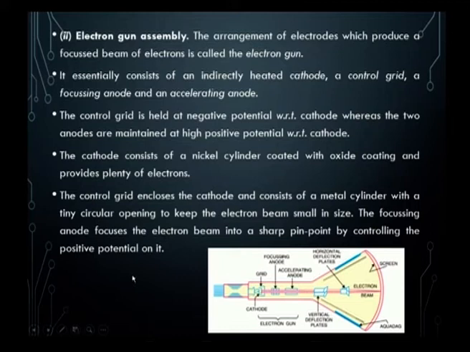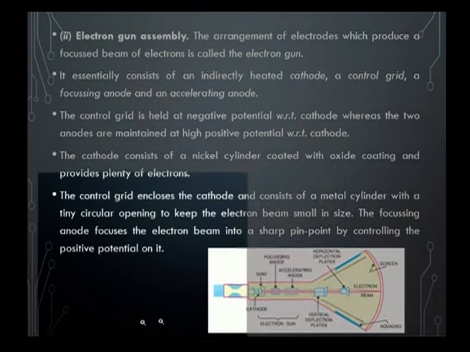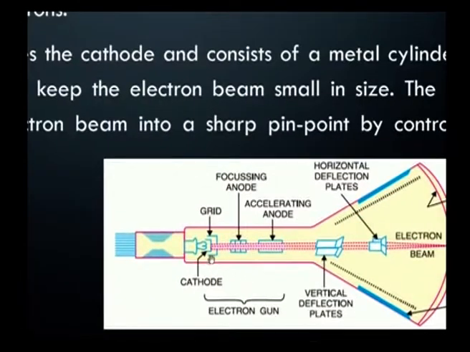The focusing anode focuses the electron beam into a sharp pinpoint. The control grid makes a small tiny hole here. From the cathode we get the electrons, and they appear as a sharp pinpoint on the screen due to the grid.